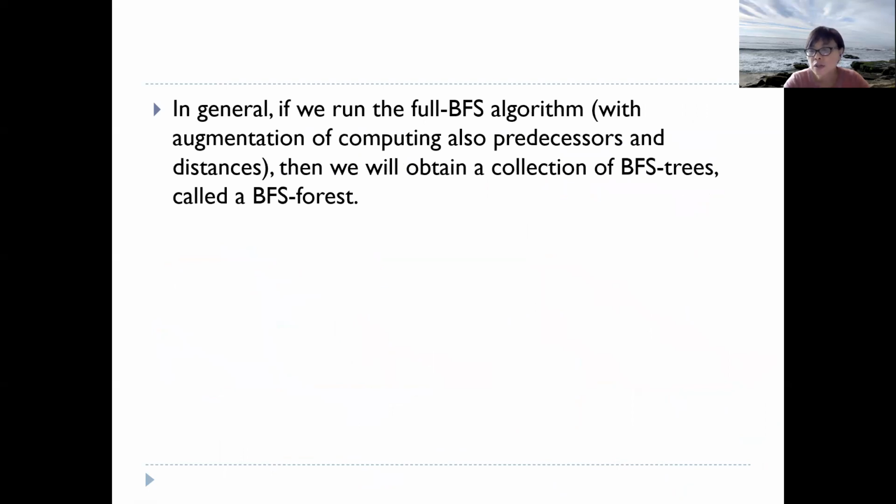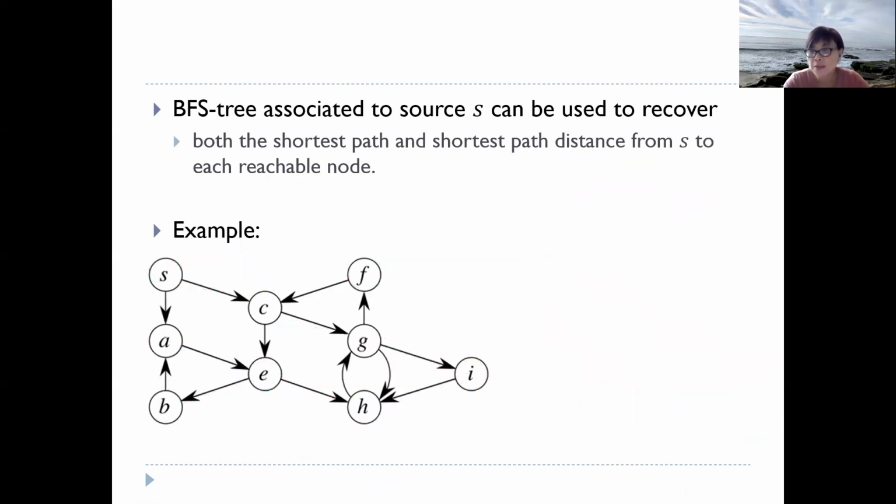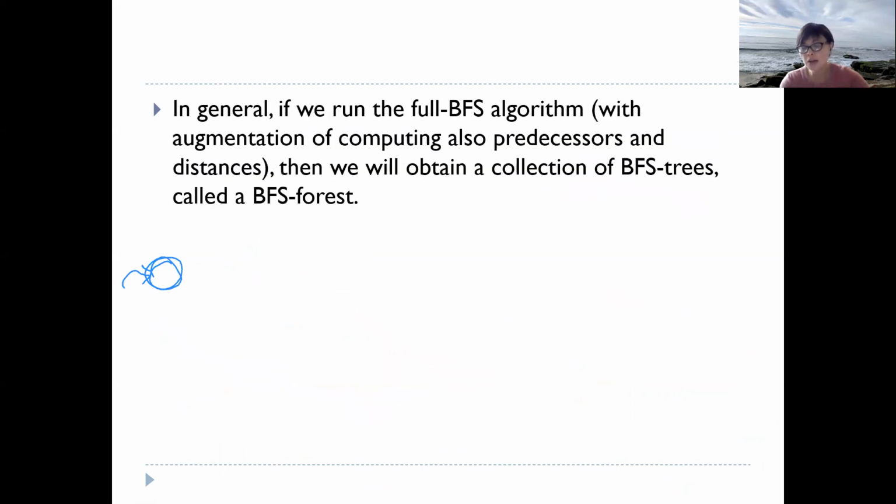Of course, this is just exploring the graph starting from a single source node. Recall we said that if not all the nodes are reachable from S, then this will not explore the entire graph. So in general, to explore the entire graph, we need to run the full BFS algorithm.